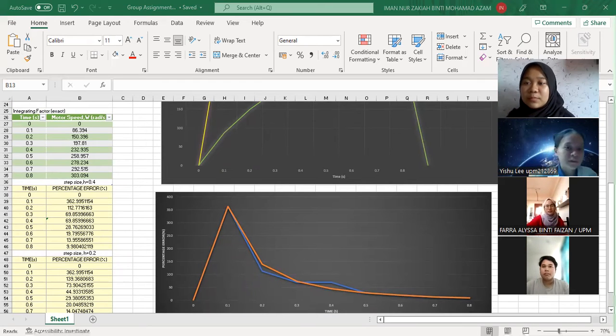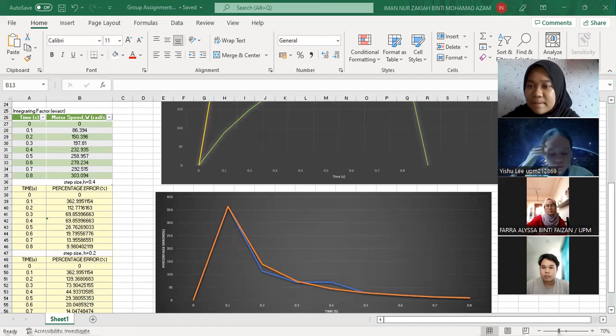No? May I add something? Sure. I just want to say about the advantages and disadvantages of the Euler method. The advantages of the Euler method are that it is simple and direct, and it can be used for nonlinear equations.